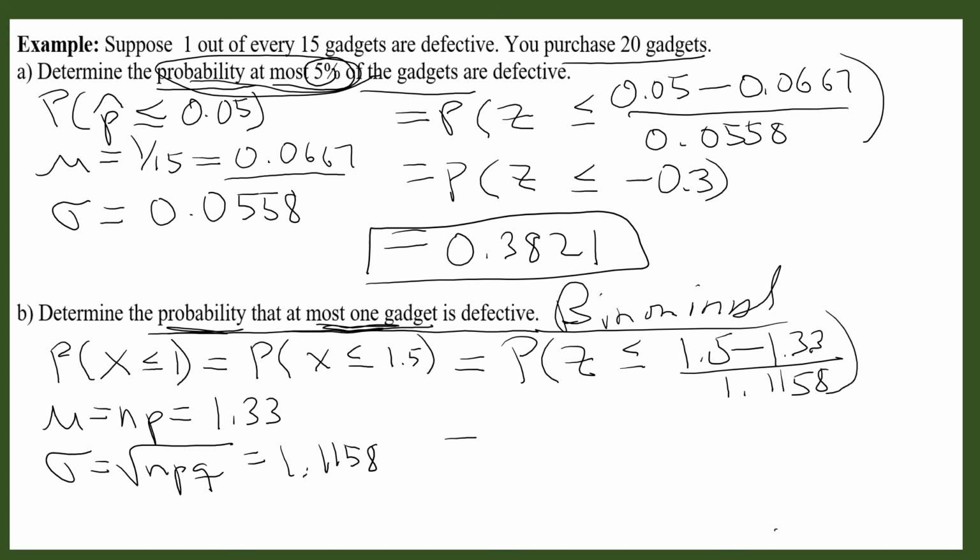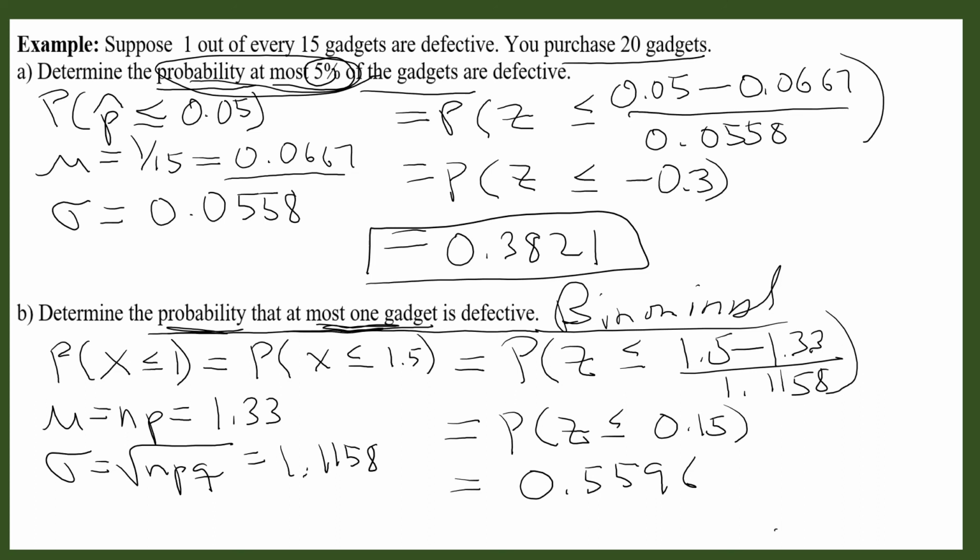Do your math. When you do your math, that is 0.15. And you look that up in the table, and it's exactly what it is because it is case number 1. About 56%. There's a 56% that at most one gadget is defective.